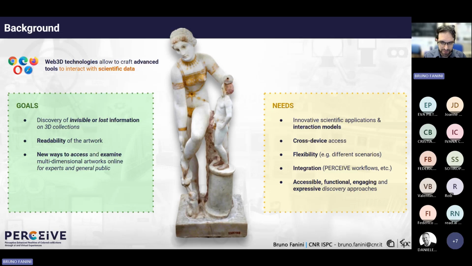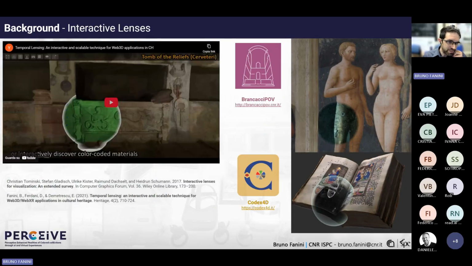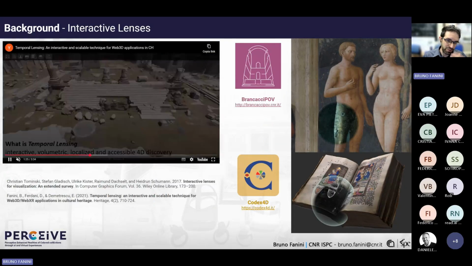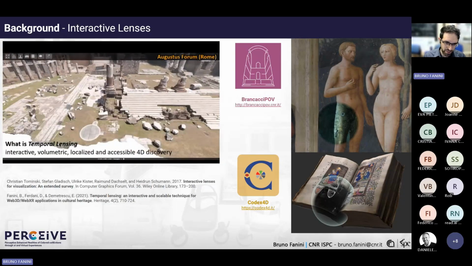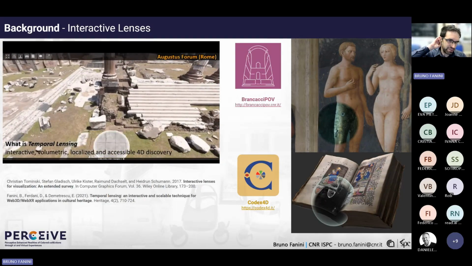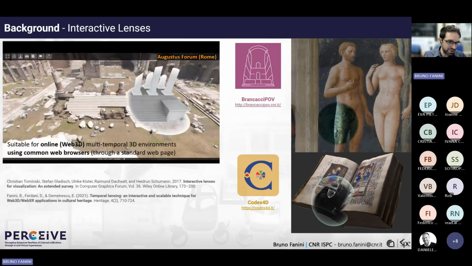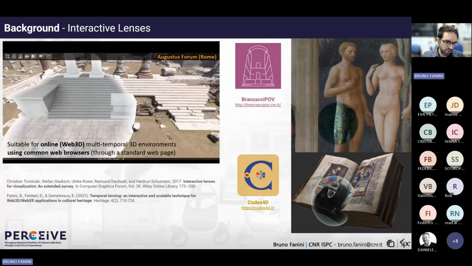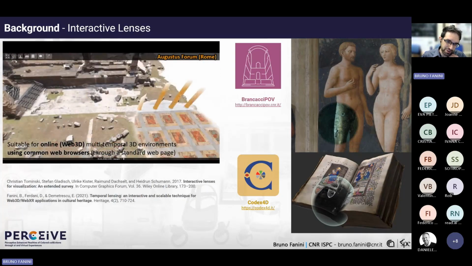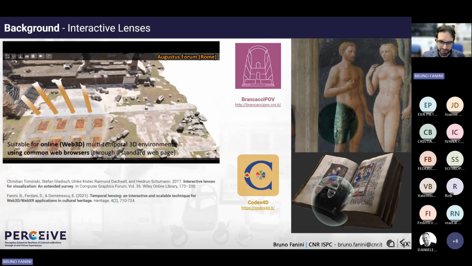And then another requirement was, of course, the use and exploit discovery approaches that are accessible and expressive. So for this specific point, we start, of course, from existing literature, in particular the interactive lens metaphor that we already used a few years ago for other projects, like you can see from the video.